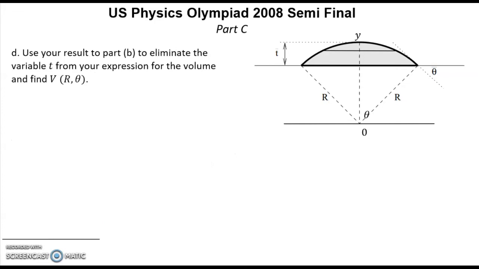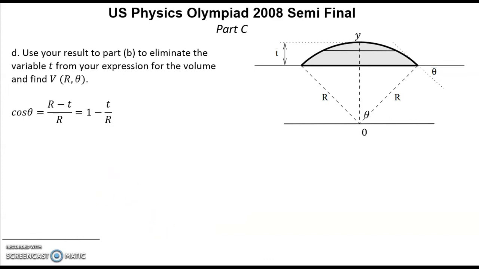Next question, D. Use your result to part B, eliminate variable t from your expression for the volume, and find volume as a function of radius and theta. In part B, we already found that cosine theta equals 1 minus t over r.